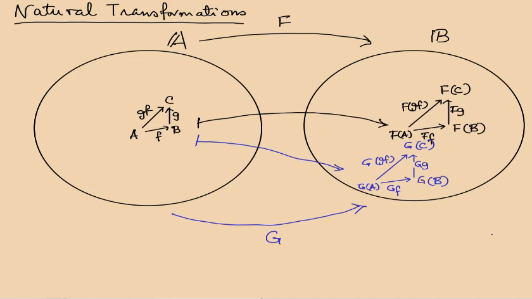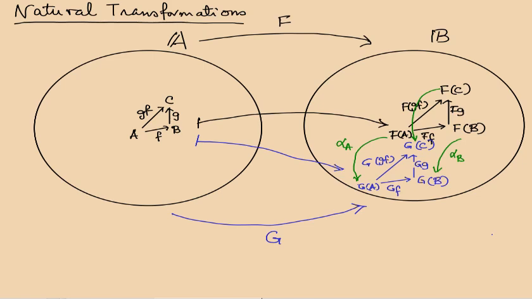So if I am saying I can transform, definitely I would like a map like this, right? So it should come for each object. For each such object there must be morphisms in B from FA to GA, say alpha A, in B, and so on, right?